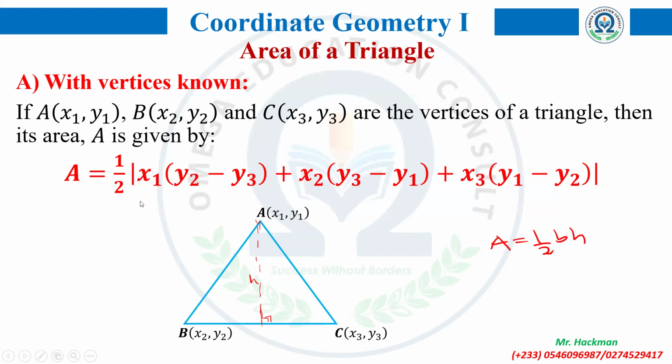The formula looks quite lengthy, but I will help you to easily quote it. Once you know one term, you know the other terms, sort of how to put it. So let's go and look at how best to use this formula, and this formula involves only the coordinates.